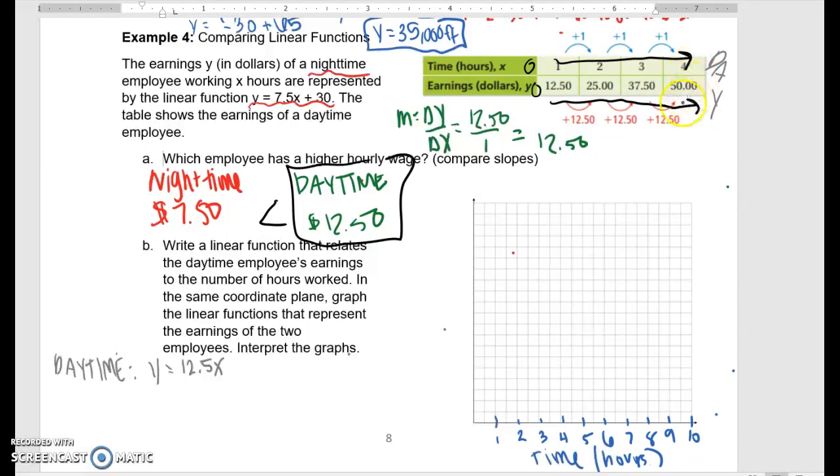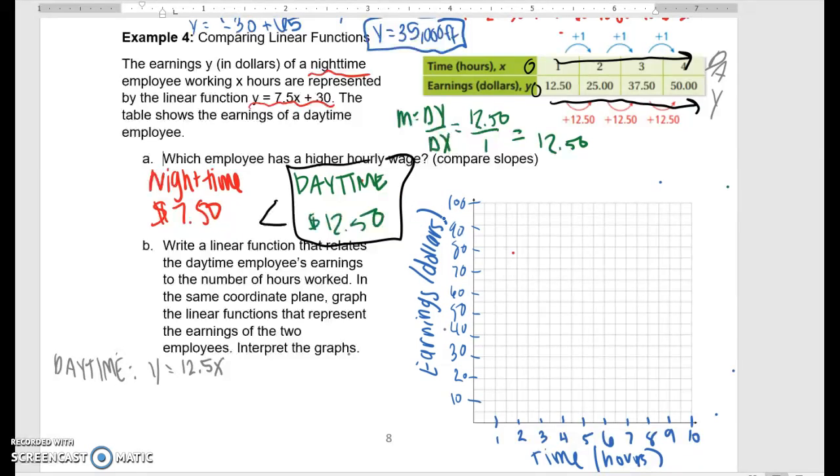Your y-axis, you can see you have to go all the way up to 50. So I'm going to count by tens, but once again, I am going to skip 2 boxes in between just to make sure that I can see all my points. And then this will be our earnings in dollars.